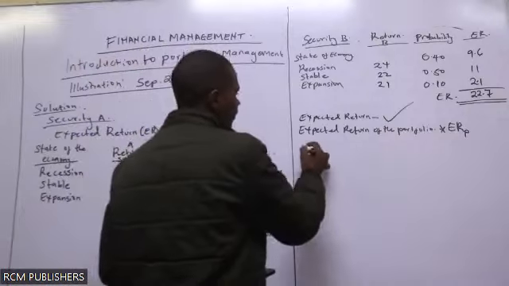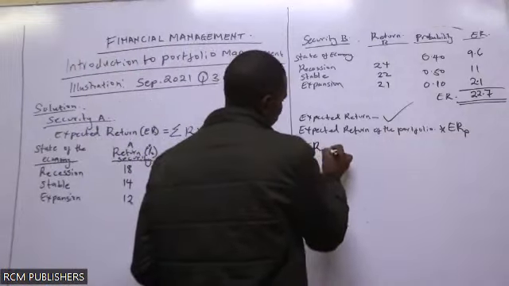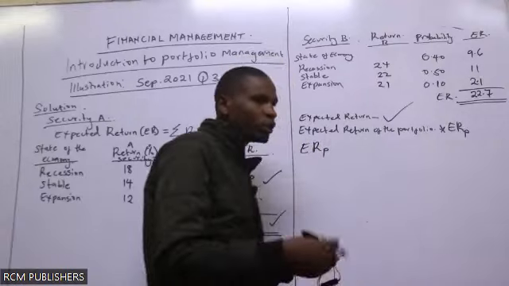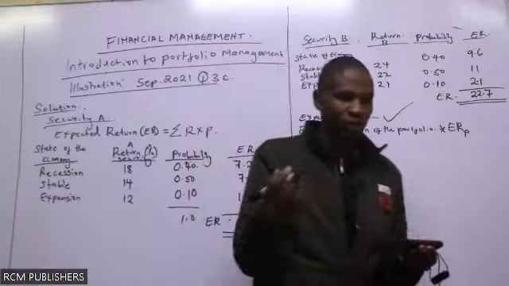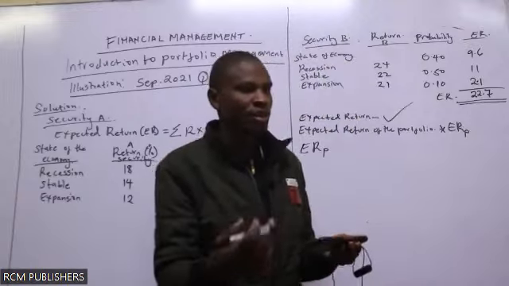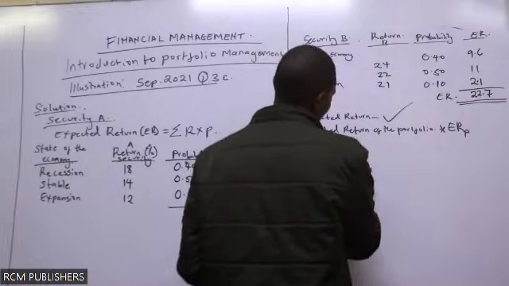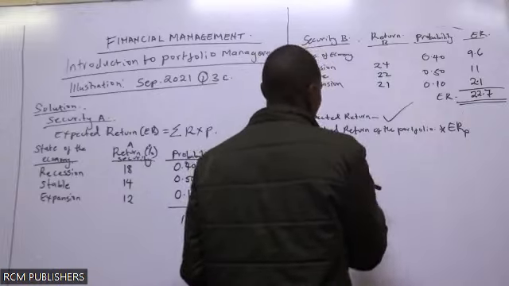So to get the expected return of the portfolio, between security A and B, you can work it separately, but still you get the same thing. You combine.